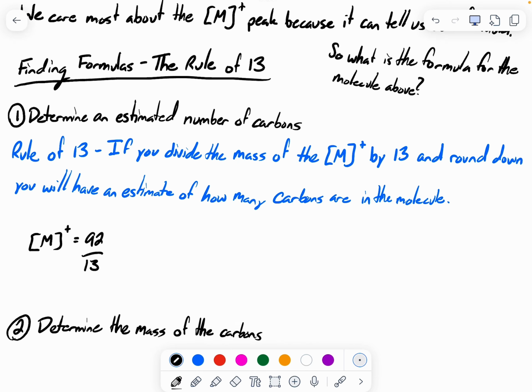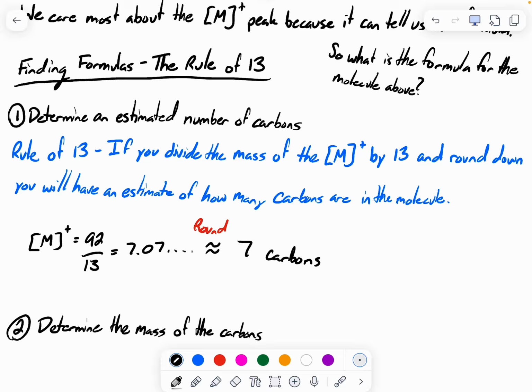92 divided by 13 comes out to 7.07. We don't care about anything past that, because again, we're going to round it down. So rather than 7 point something, we would say that in this structure, there are 7 carbons.